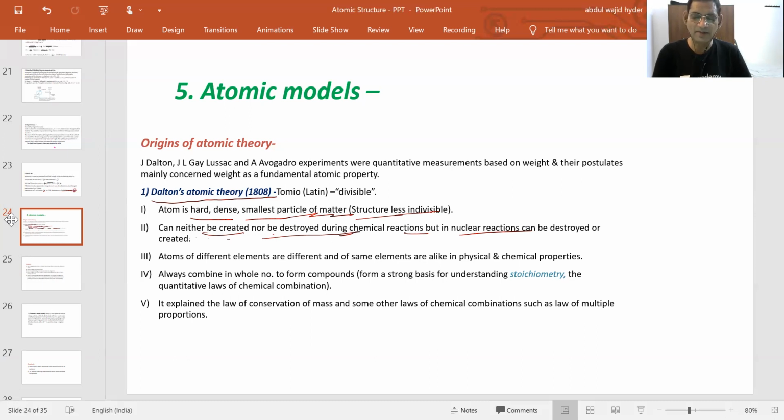Atoms of different elements are different. For example, argon, weight 40, and calcium, weight 40. Now see here, these two different elements have the same weights, yet their properties are not the same.